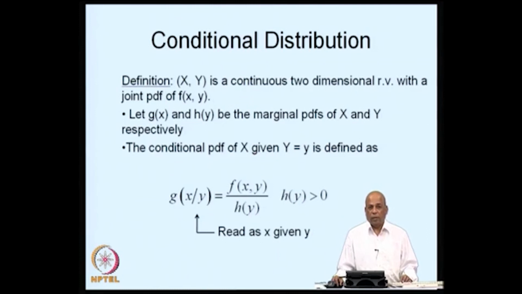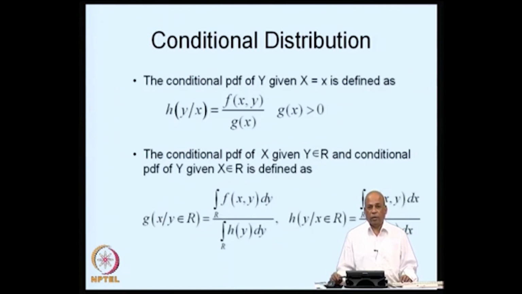Now, we may place conditions on y or one of the variables not taking on exactly a given value, but belonging to a certain region, in which case for example, we may be talking about the density of x given that y belongs to a certain region R. Then the definition can be shown to be the integral of f of x y with respect to y over the entire region R to which the variable y belongs, divided by the integral over the same region of the marginal density of y with respect to y.